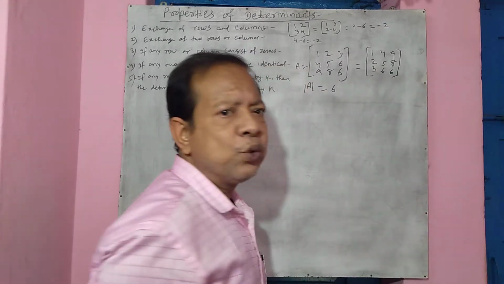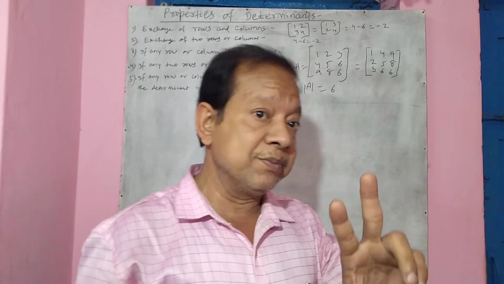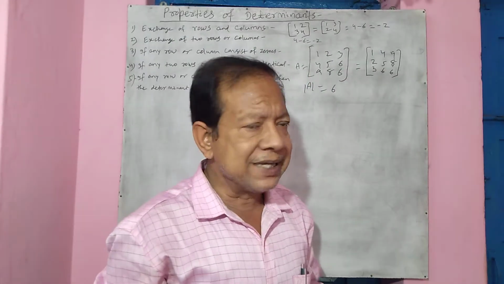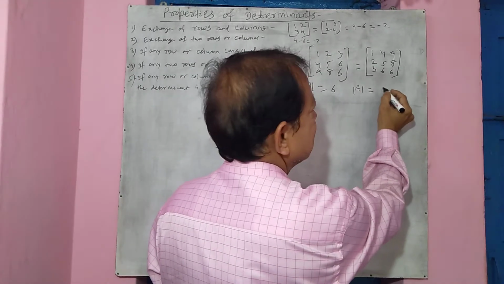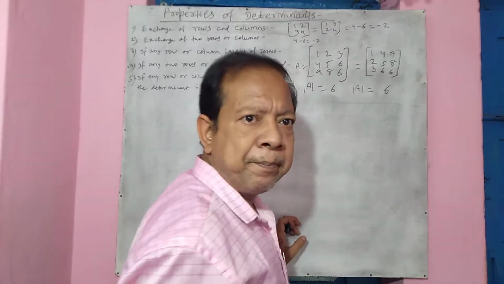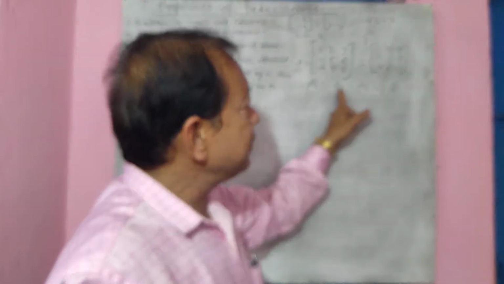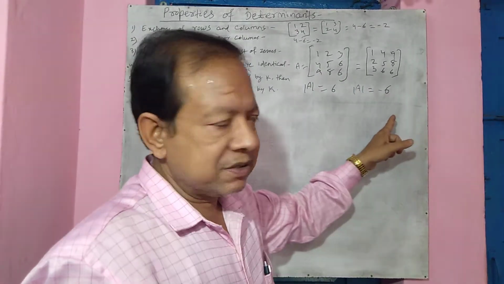I have changed only 2 columns, not 3 columns. Or you can change 2 rows also. Whatever the case is, the determinant will be simply 6, same, but we will have the negative sign, because this is positive, so this will have the opposite sign, that is minus 6.